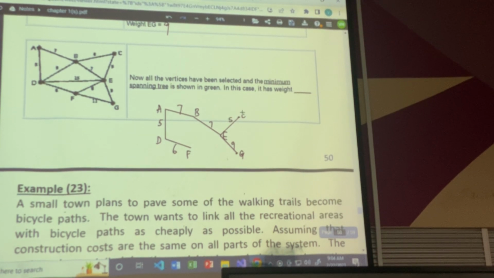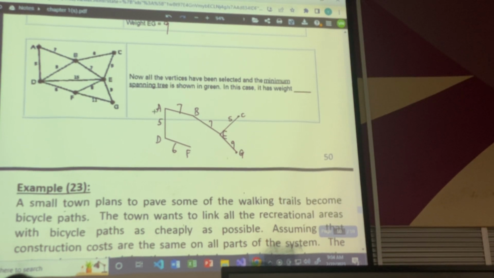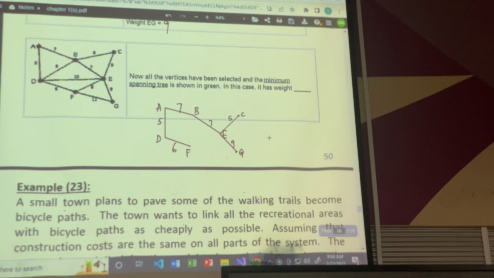So we follow the original graph to draw the spanning tree. Okay? This is the spanning tree you get from the original graph. Whichever vertices you choose, then you draw them. So what is the total minimum weight here?